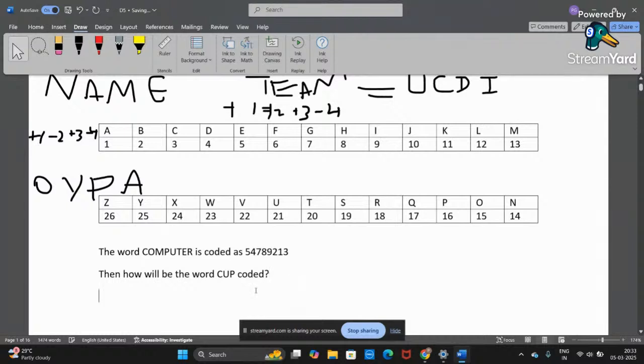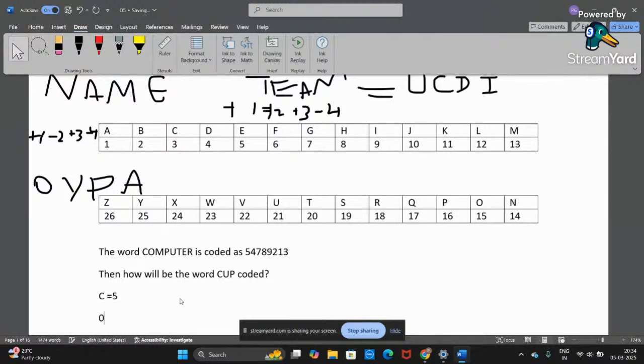So here, this is not related to the table, they have just given random numbers. For C the value is 5, right?